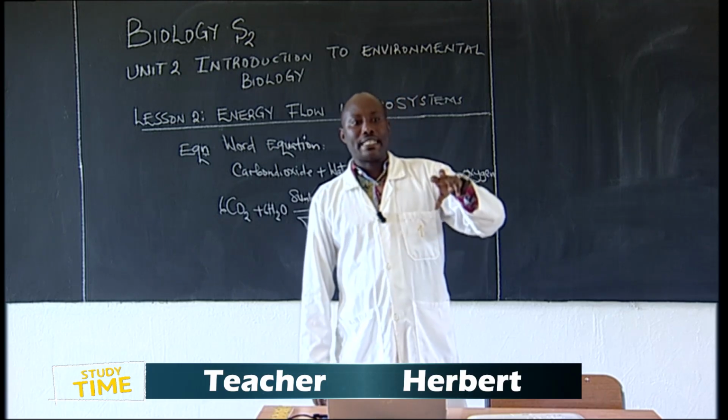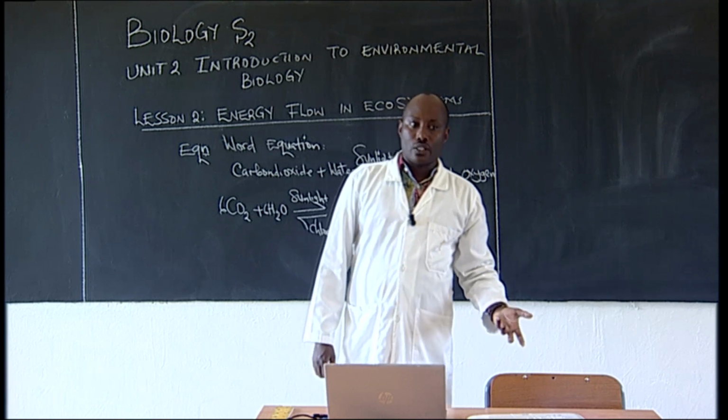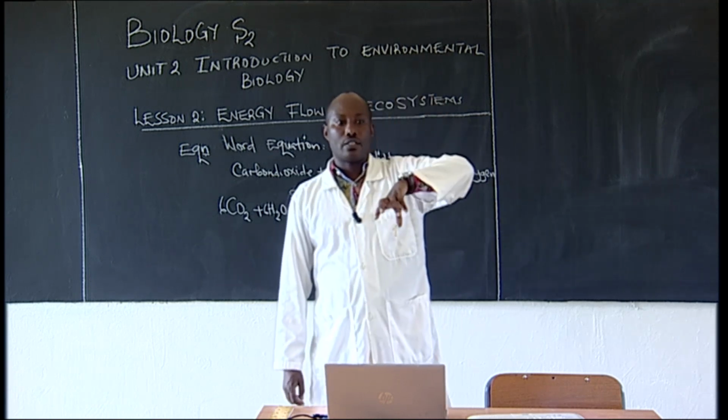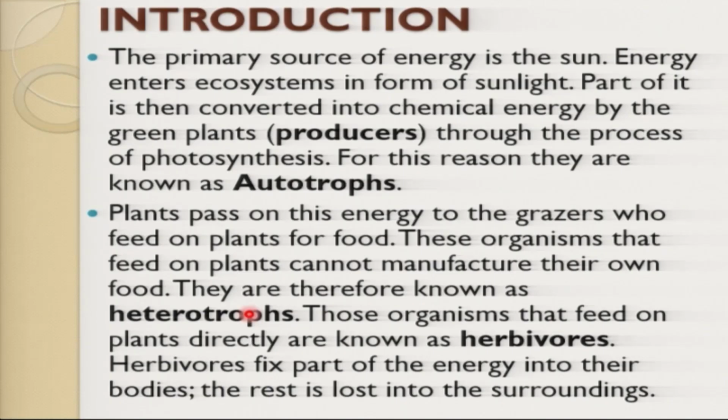So the plant passes this energy to grazers who feed on plants for food. They transfer the sunlight energy into chemical energy, which is going to be used by these grazers or herbivores. So these organisms that feed on plants and cannot manufacture their own food are known as heterotrophs.